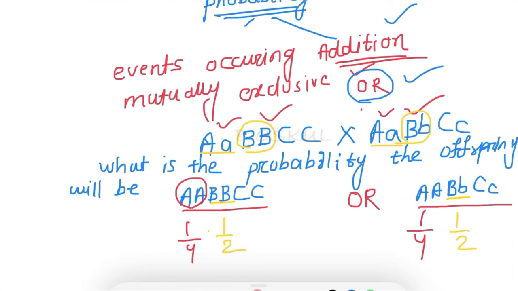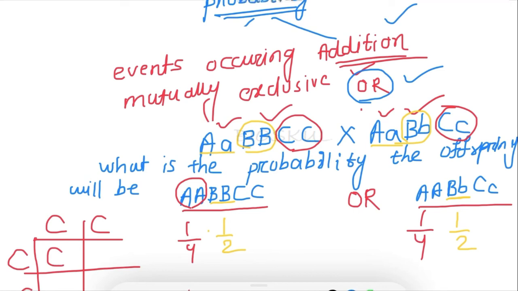So we'll look into C. Let's cross CC with Cc. We will get CC, CC, Cc and Cc. So in the offspring, what is the probability of CC?